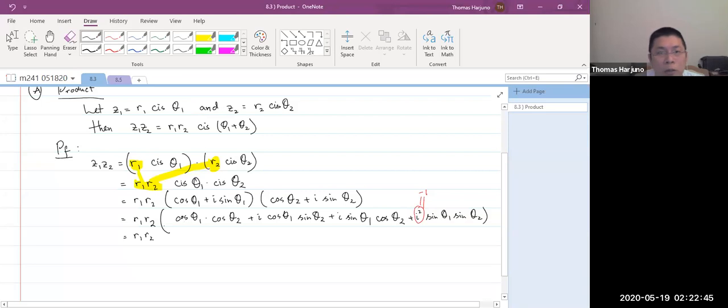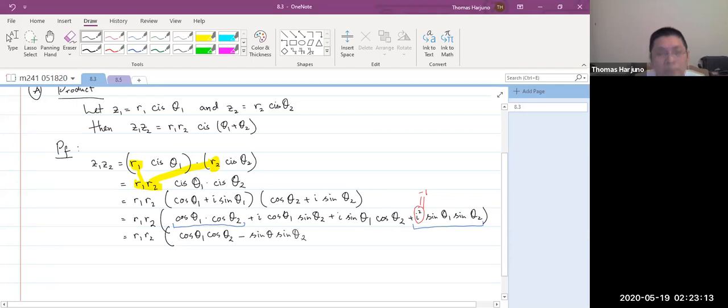So I will group them. Cosine theta 1 cosine theta 2, that's for this part here. I will combine that together with this, basically I write them next to each other, minus sine theta 1 sine theta 2.